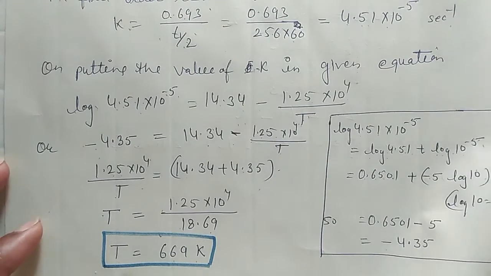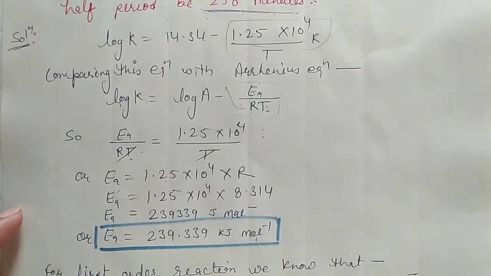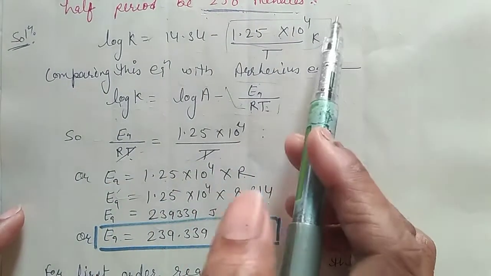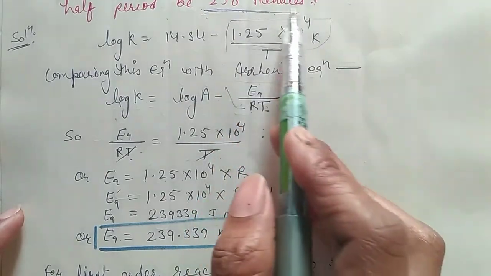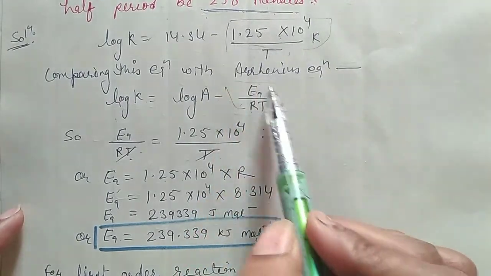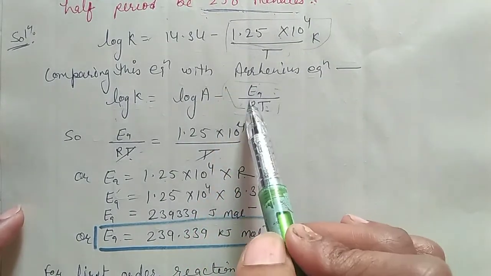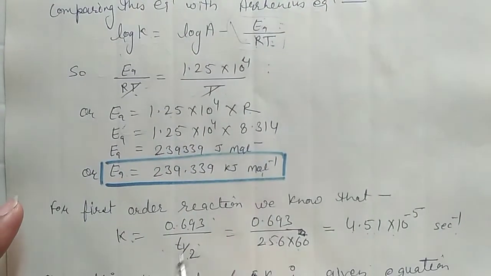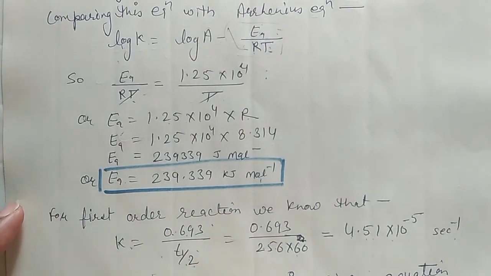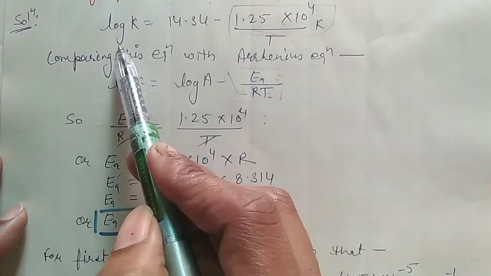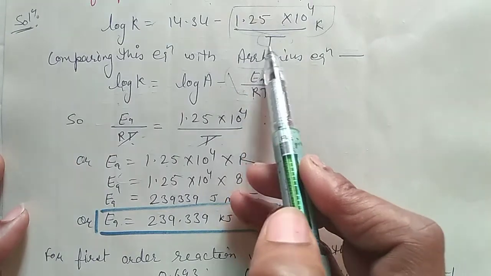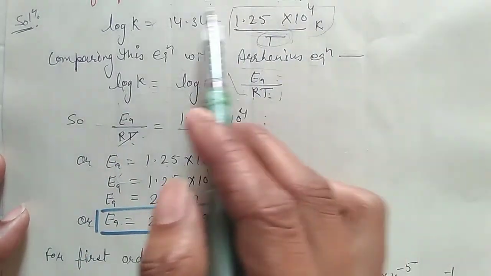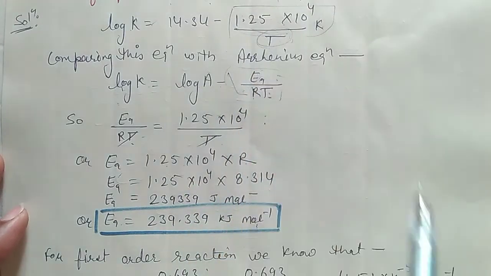In this example, first of all, we compared the main equation with the Arrhenius equation and calculated Ea by comparing these portions. Now with the help of t half, we can calculate the value of k, and after calculating k with the help of the given equation, we can calculate the temperature also.